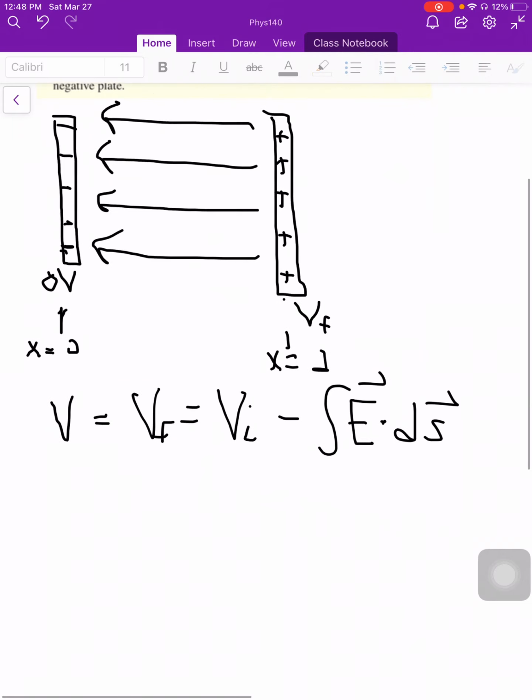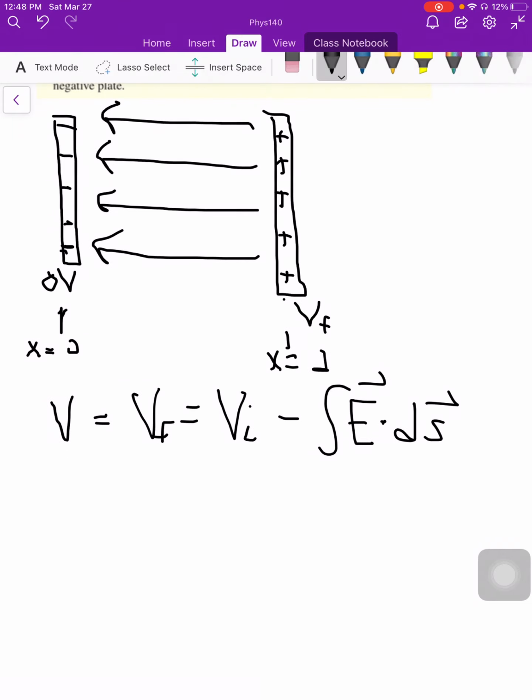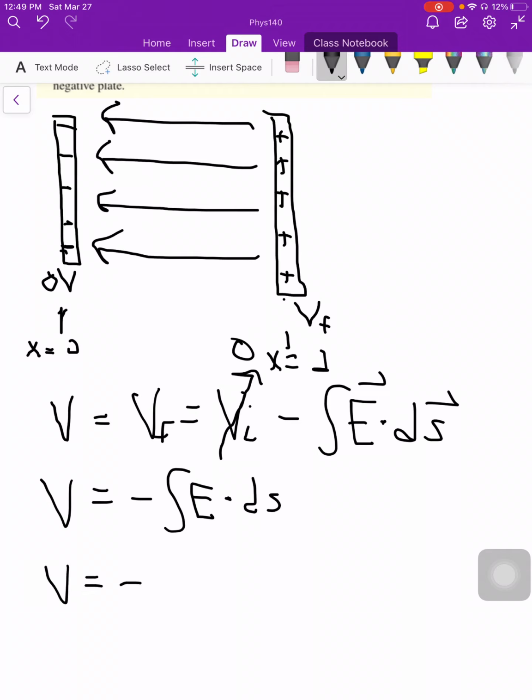Okay, so in our example, we know that the initial voltage or the initial potential is going to be 0. So that's going to go to 0. So we're going to have V is equal to a negative E dotted with ds. Now E is pointing to the left.